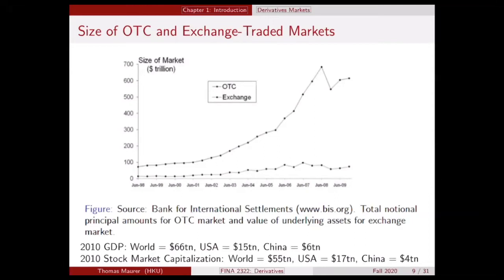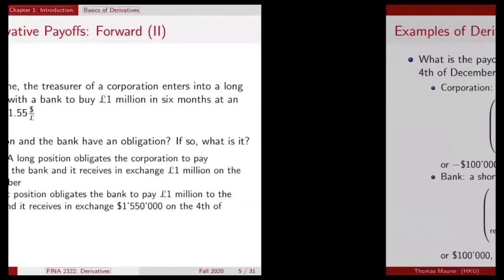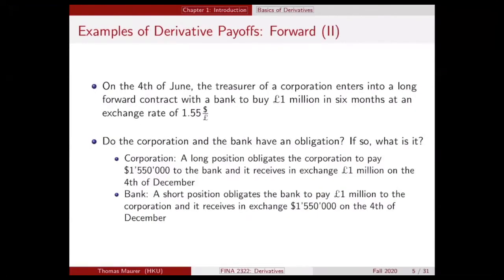Okay, so if you go back to our example of that contract between the corporation and the bank, where they sign this forward contract, where the bank delivers £1 million and the corporation pays a fixed exchange rate of $1.55 per pound, in this case, the notional value would be this £1 million times 1.55 US dollars per pound, or 1.55 million US dollars.